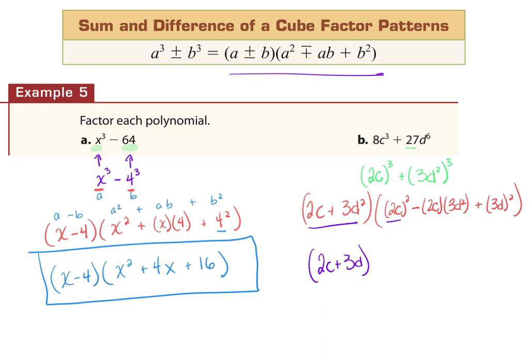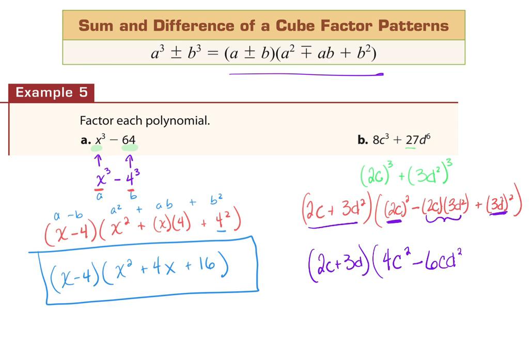I want to simplify this. What happens if I square that? Well, 2 squared, that's going to be 4, and of course, c squared. Minus, I want to simplify this. 2 times 3, well, that's 6. And then I just have c and d squared. So that's that. And then I want to simplify this. That's a squared.